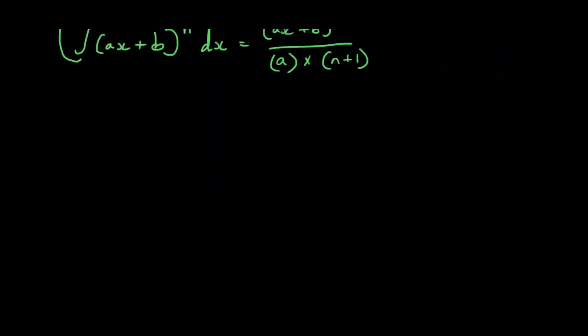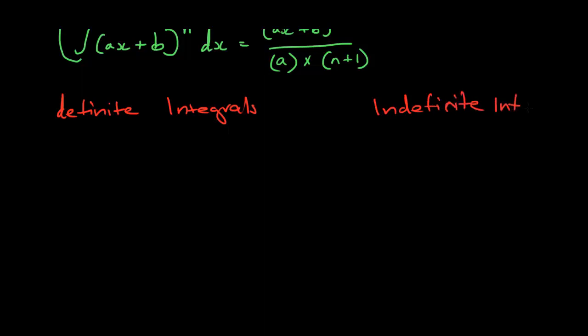In integration, you have two things: definite integrals and indefinite integrals. Why I say this is that it will really help you when you're doing any integral question, or just help you identify what you're actually doing.